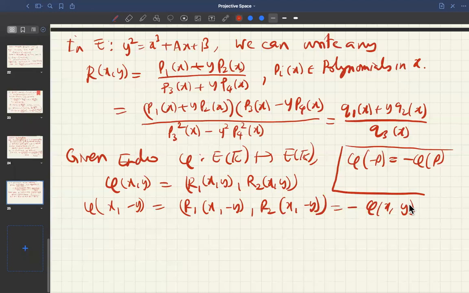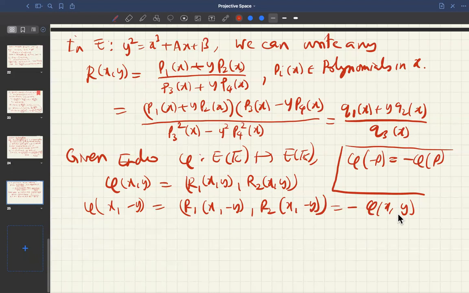You see, we know that phi is an endomorphism, so phi of minus P is minus of phi of P. If you write P as (x, y), then minus P is (x, minus y), so it has to be minus of phi of (x, y). Okay, okay. Yeah, this is what I'm doing.